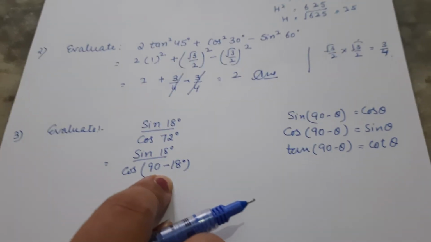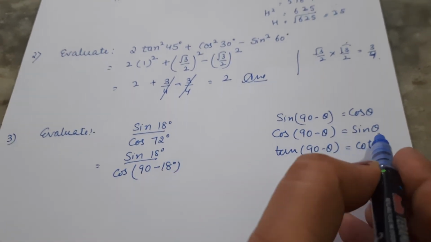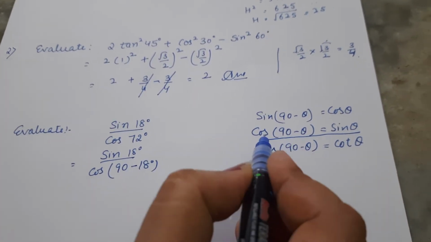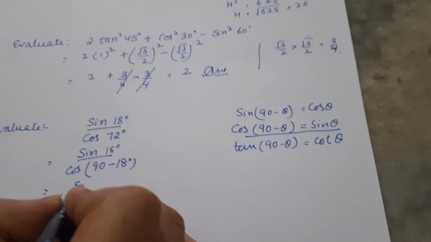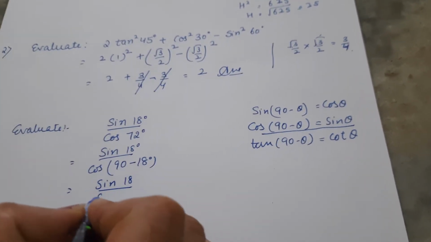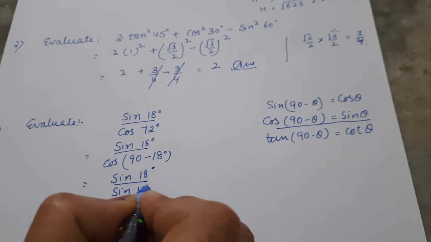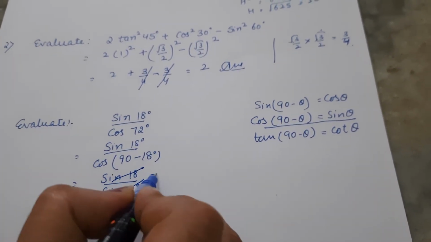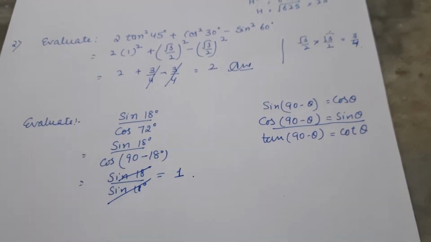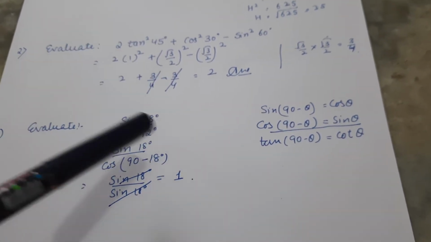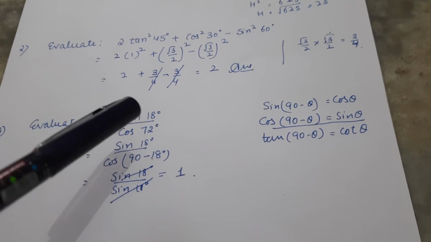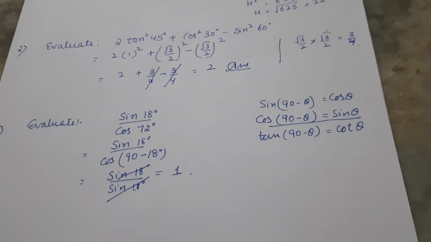So there will be no issue. You can see cos of 90 minus theta is equal to sin theta, so by using the formula I can write it in the form of sine, and this will cancel and I will get 1. So our answer is 1. In the same way, we can take more examples and more questions, right?